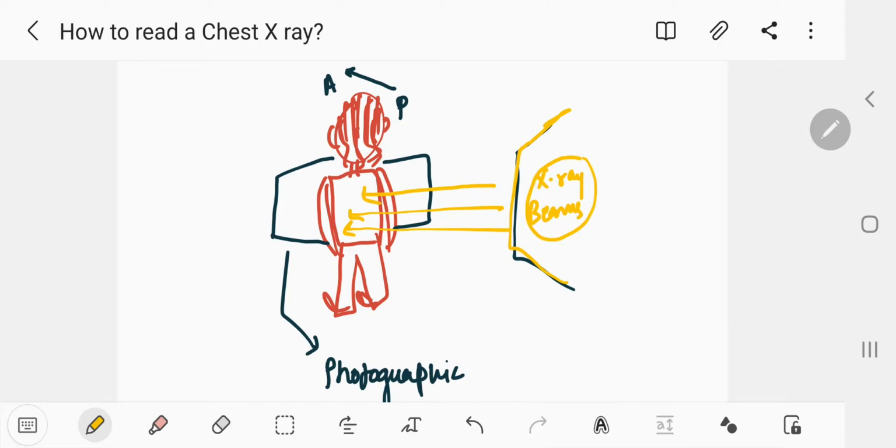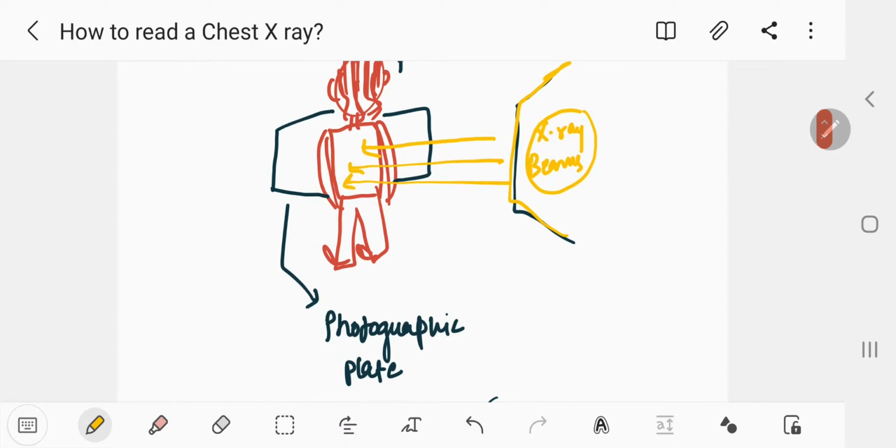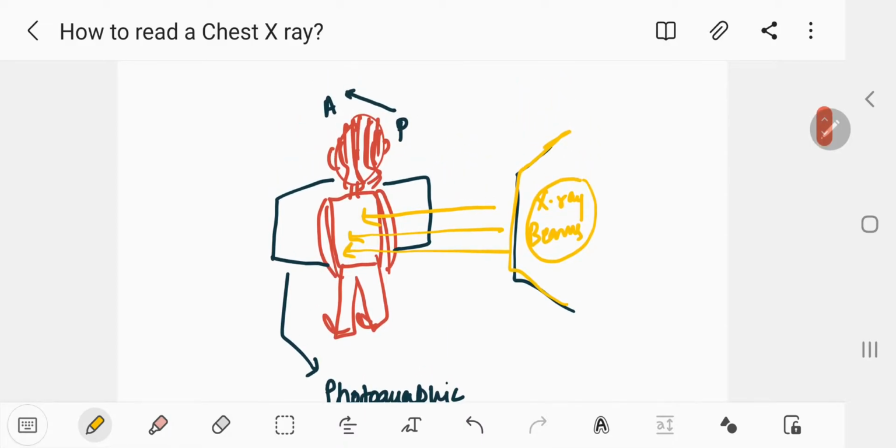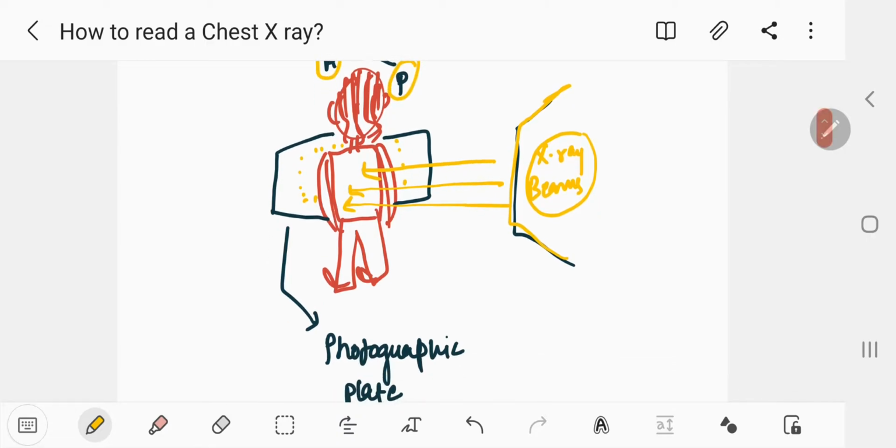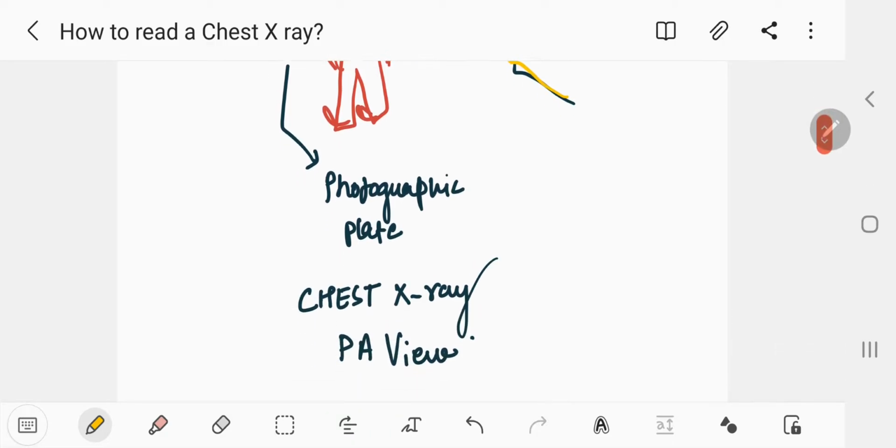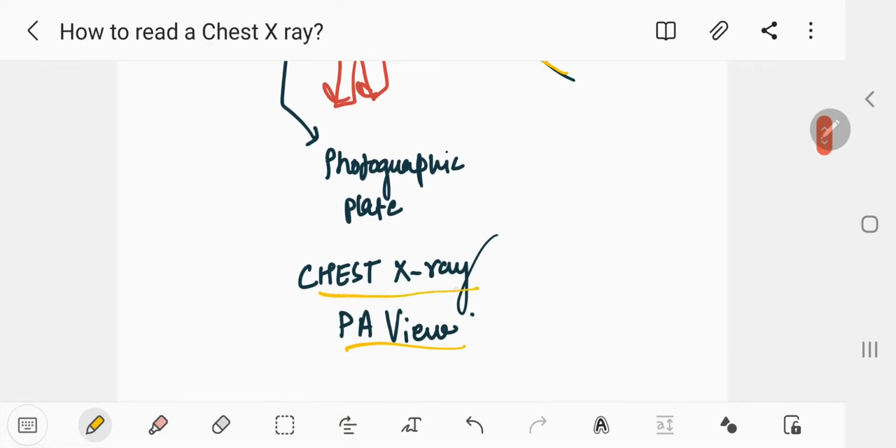Now this is a photographic plate, and the person has to face the photographic plate. The x-ray beams will be projected from the projector towards the back of the person, and this image will be created on the photographic plate. Since the x-ray beams are moving from posterior to anterior, this type of x-ray is known as chest x-ray PA view.